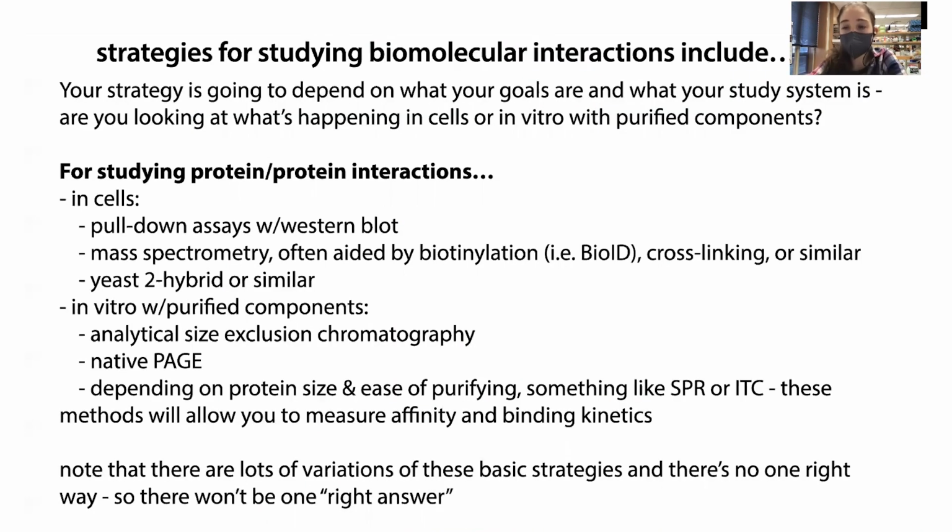Another way that you can study protein-protein interactions in cells is using something like a yeast two-hybrid or similar. These methods basically rely on some interaction occurring between the two proteins, which are each attached to half of something. When these components come together, when they bind together, then you get the active component.